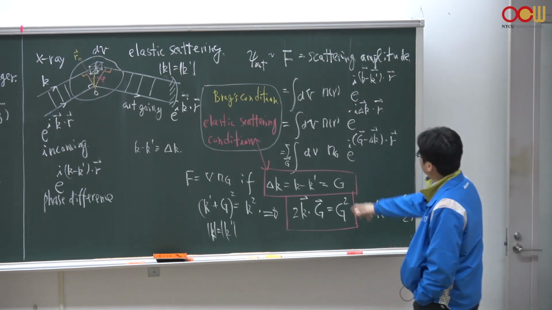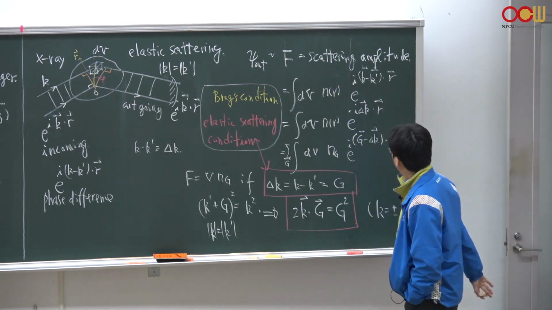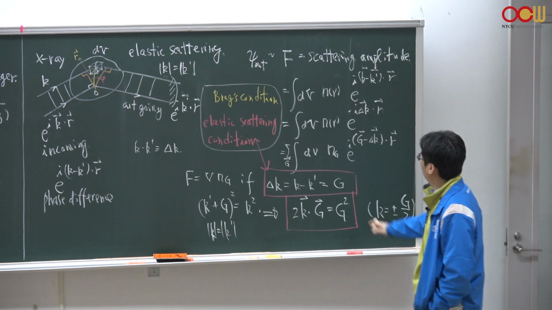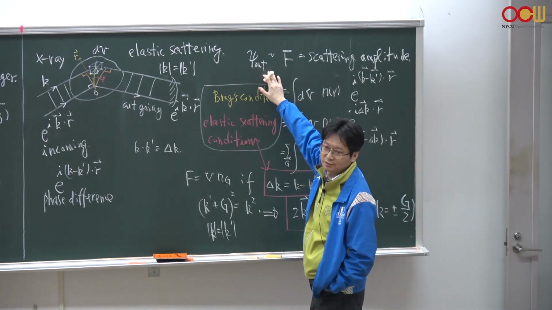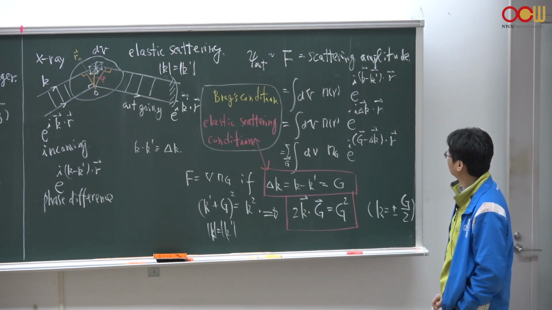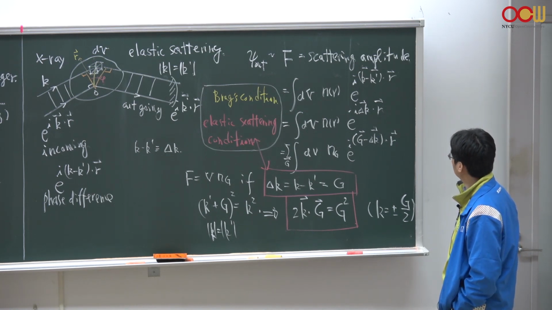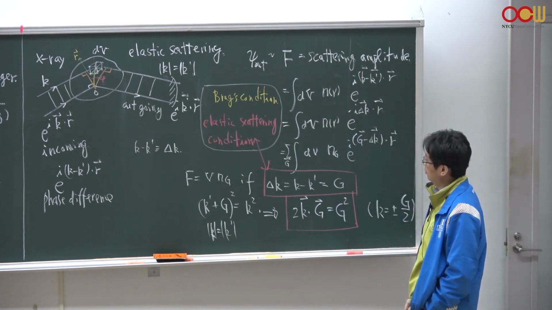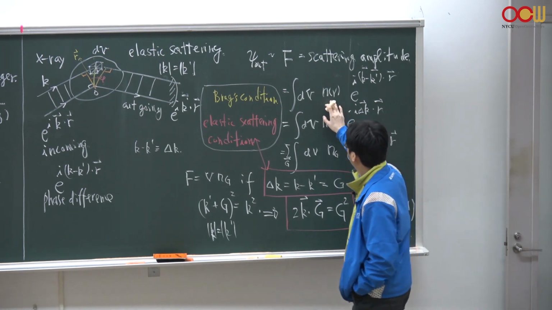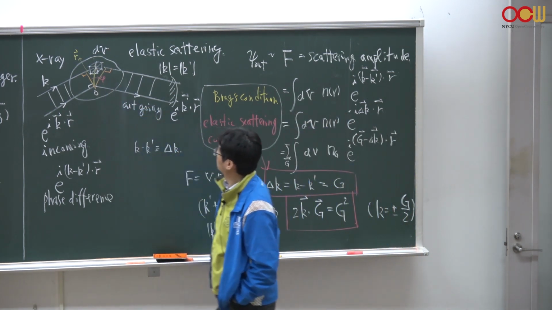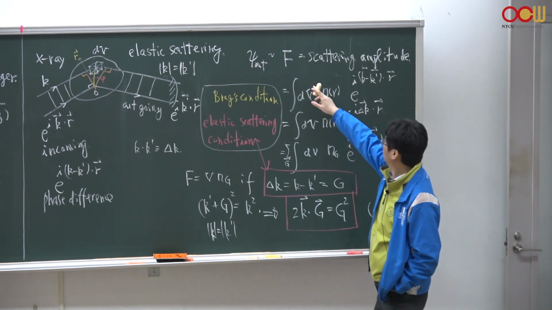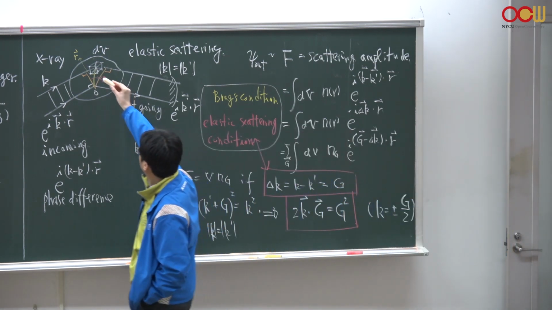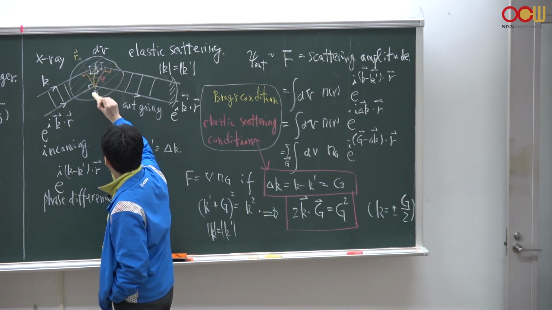Okay, so let's try to calculate the scattering amplitude of this elastic scattering, and that is proportional to the outgoing wave function of that X-ray particle. So you simply collect all this phase difference multiplied by the electron density at any given position in the solid, and you simply integrate over the entire space of the target material.